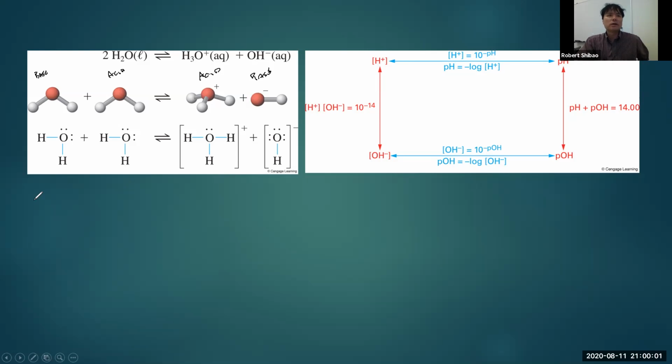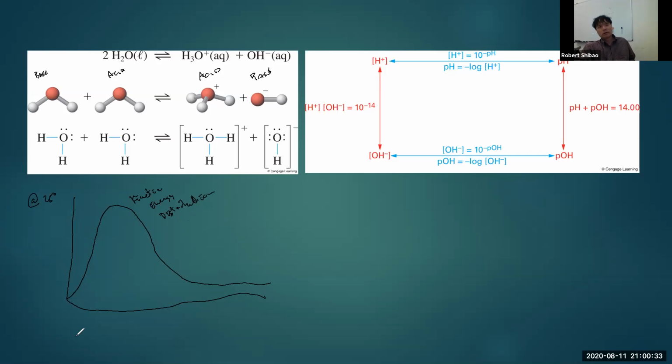Now at room temperature, at 25 degrees C, there's a curve here, like this. It's called the kinetic energy distribution curve, which we saw earlier.